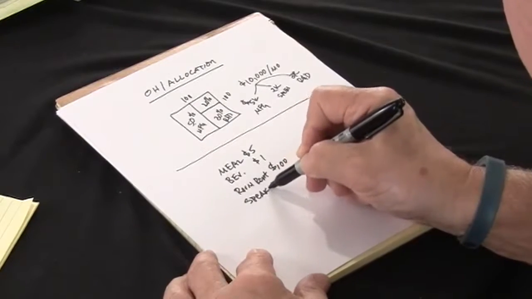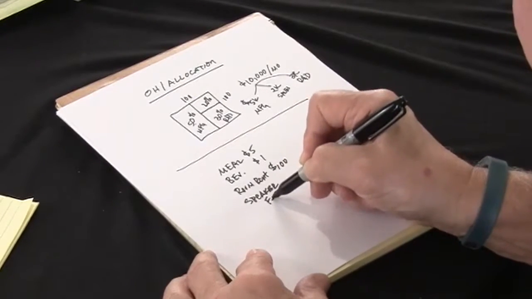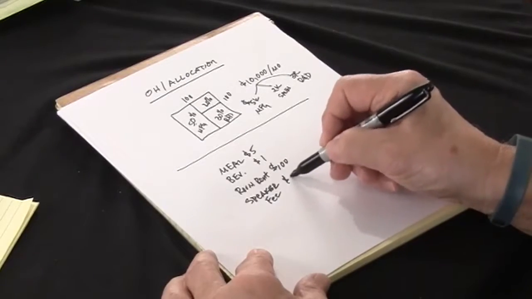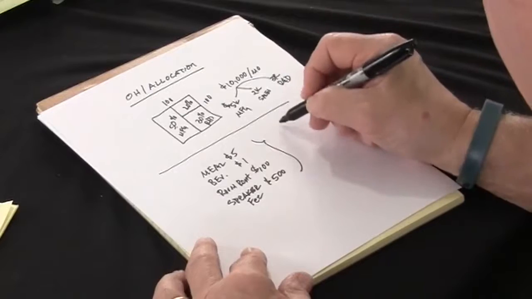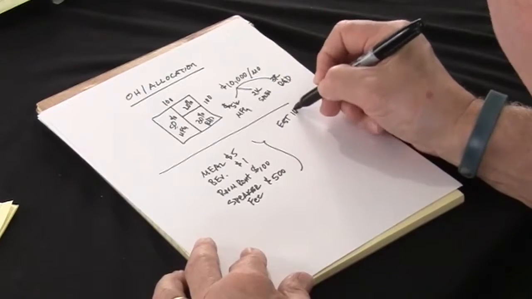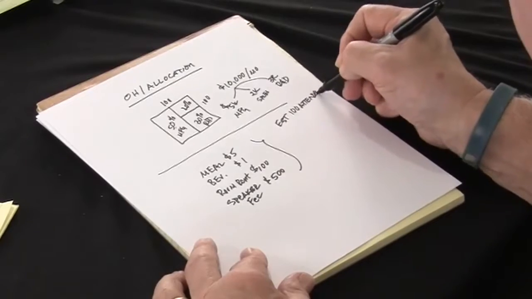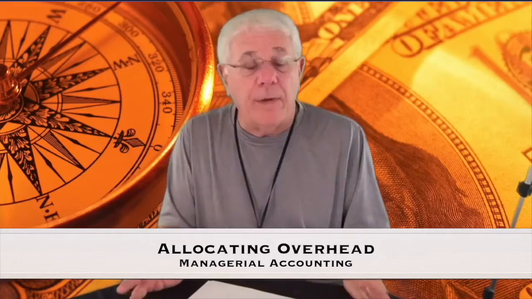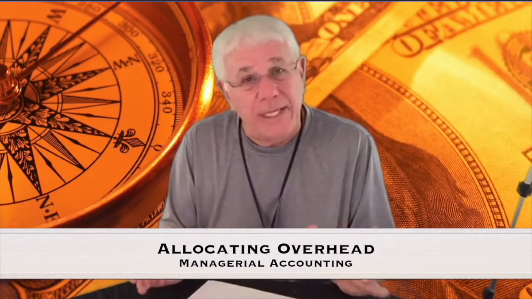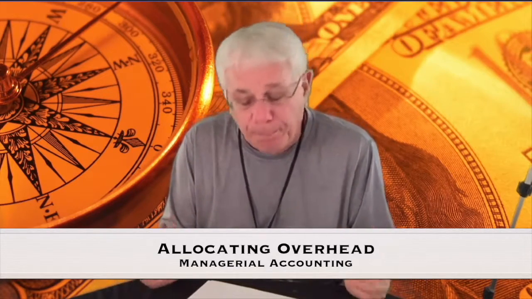And you also have to pay a speaker fee, and that speaker fee is $500. And you estimate that 100 attendees will be present. The question is, what do you charge people in order for you to break even if they all should come?